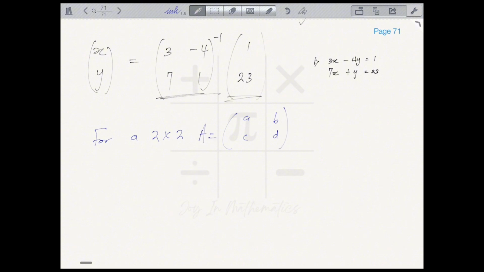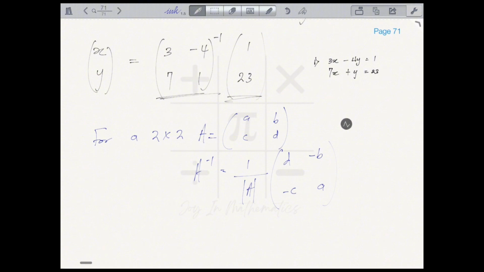The inverse of A is 1 over the determinant of A multiplied by, we switch these two terms, so this will become D, A, and then we multiply these two terms by minus 1, that's minus C and minus B.